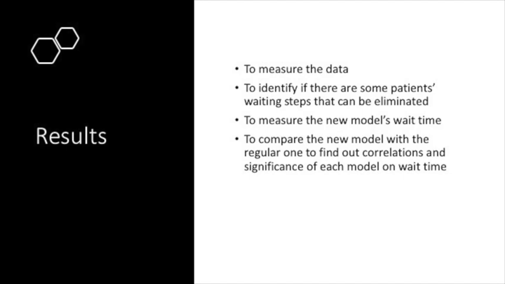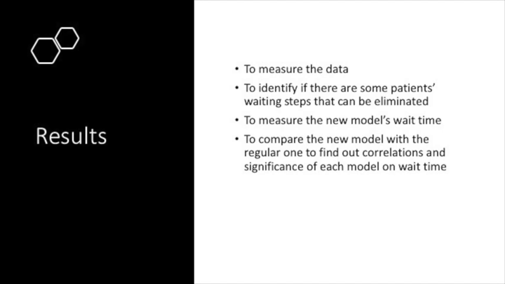By doing so, when we measure both qualitative and quantitative data, which is waiting hours and quality of care, we can develop a new process and test it in the emergency department and compare it with the current situation.